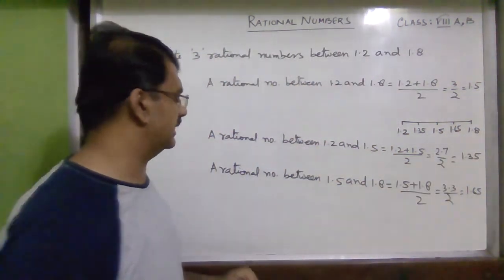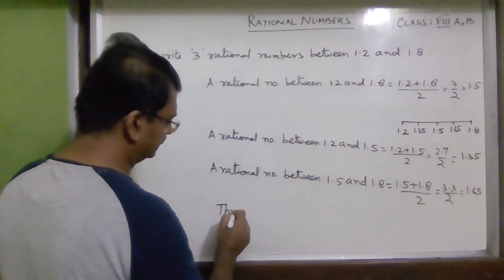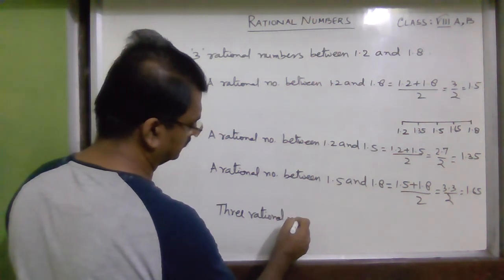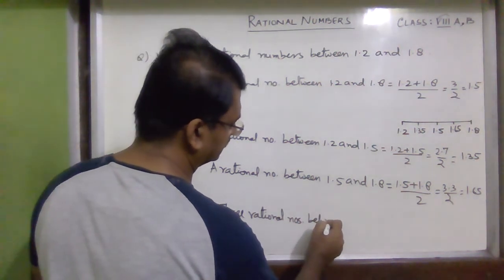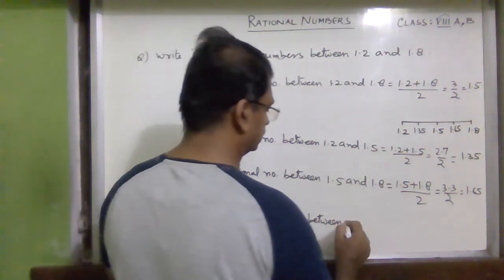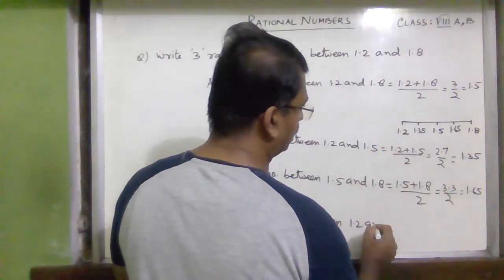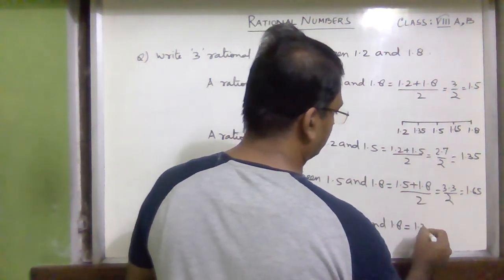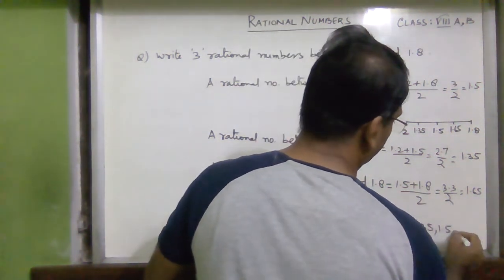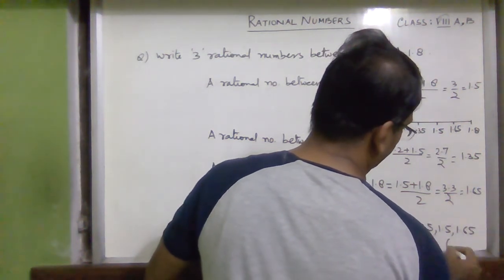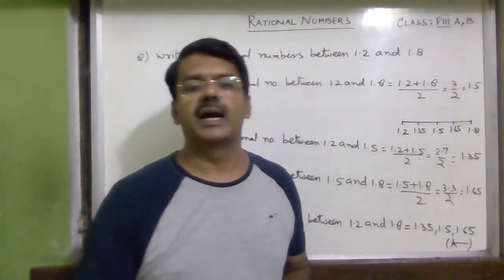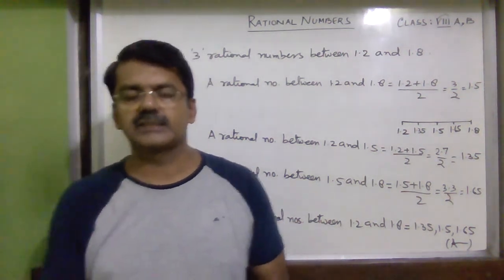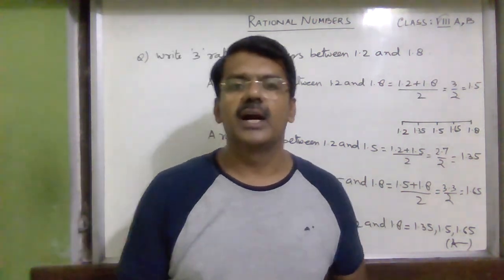So you can see your answer, 3 rational numbers between 1.2 and 1.8 are 1.35, 1.5, 1.65, and that is your answer. This finishes rational numbers, and in the next lecture we'll start a new topic.